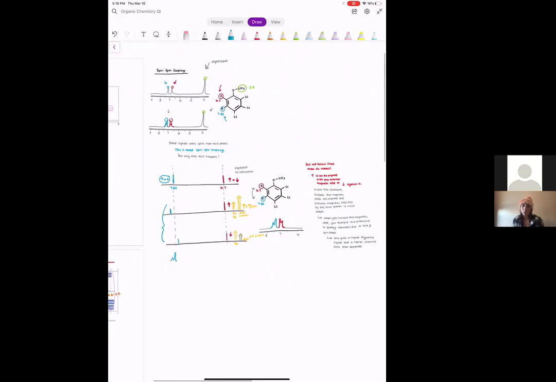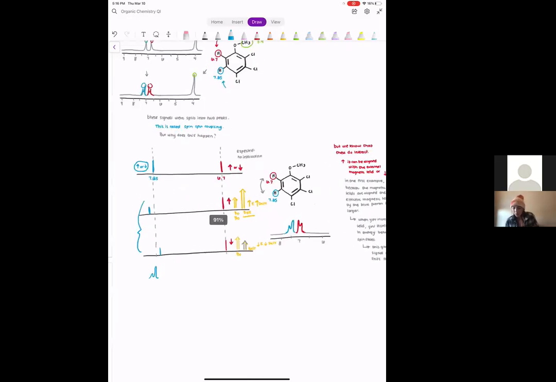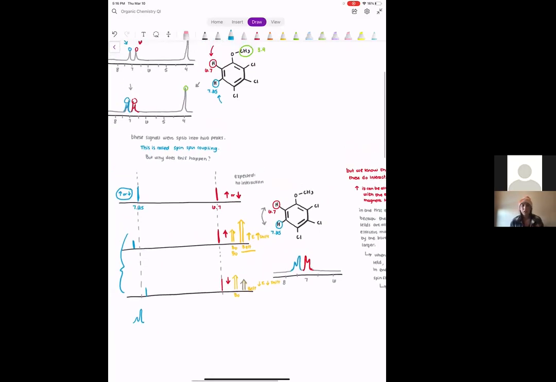So this is a really helpful way of analyzing spectra, because a lot of the time spectra doesn't show up like we think it would. It's not always super clean, but knowing how these magnetic fields interact, we can predict the shape of certain spectra.